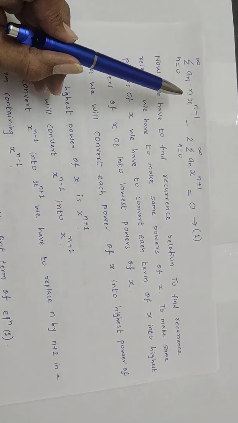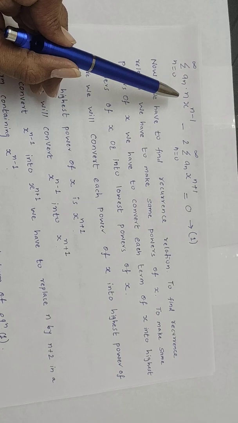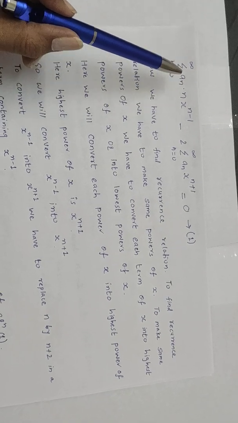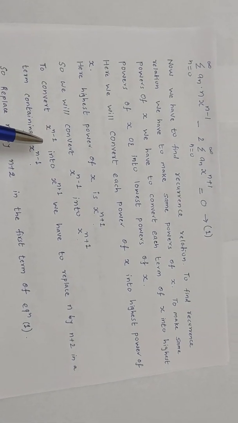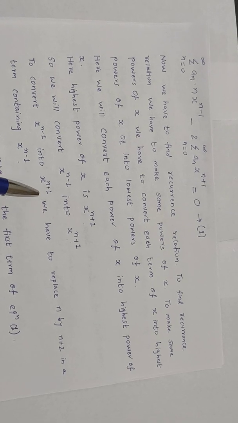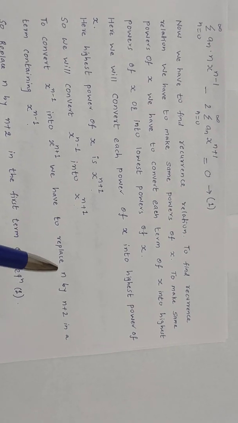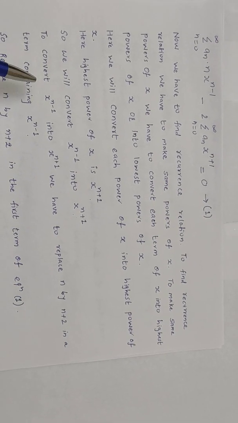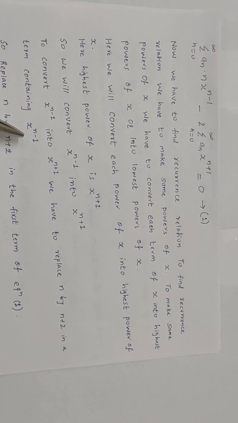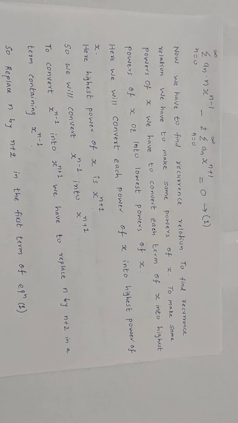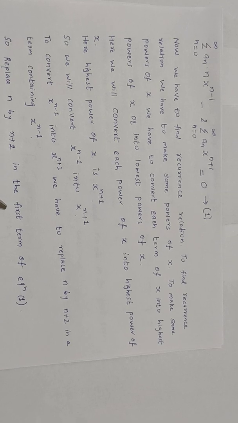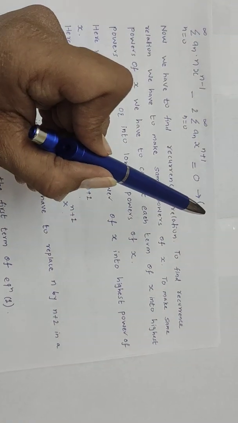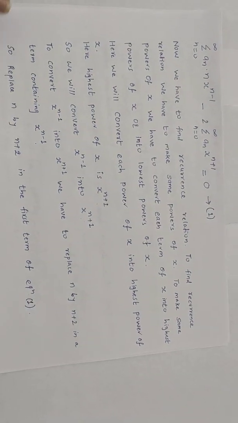Now we have to convert x raised to n minus 1 into x raised to n plus 1. To convert x raised to n minus 1 into x raised to n plus 1, we have to replace n by n plus 2 in a term containing x raised to n minus 1. If we will replace n by n plus 2 in the first term of equation 1, so what it will become? It will become like this.